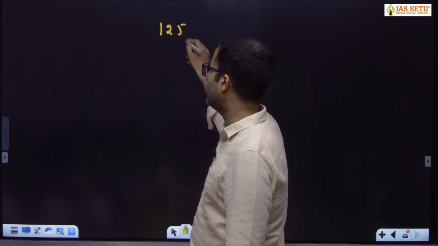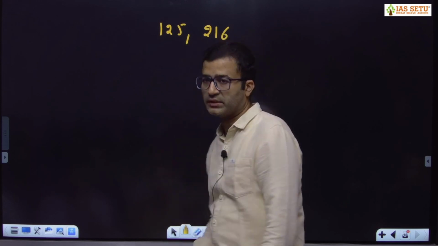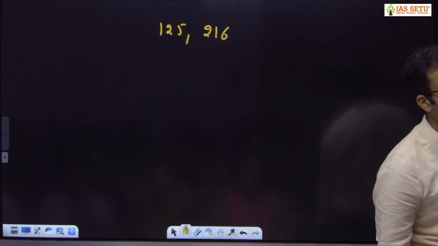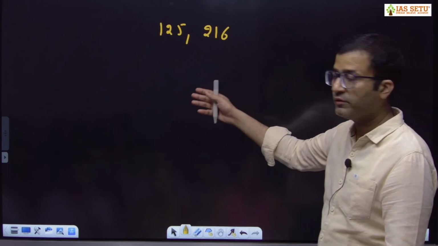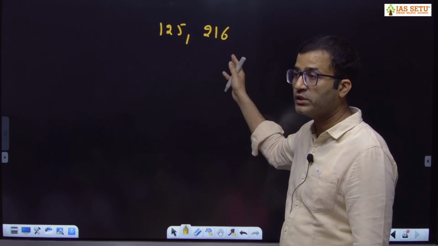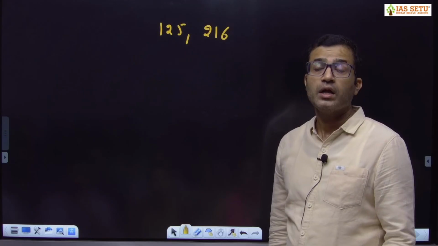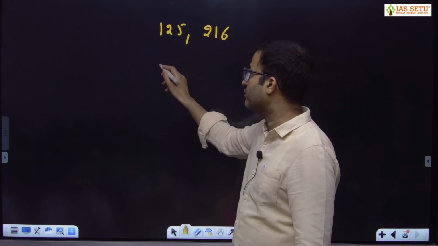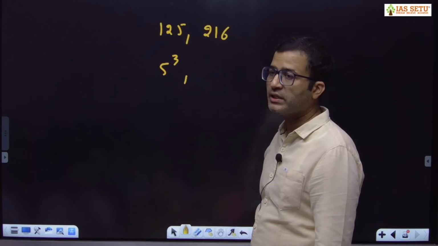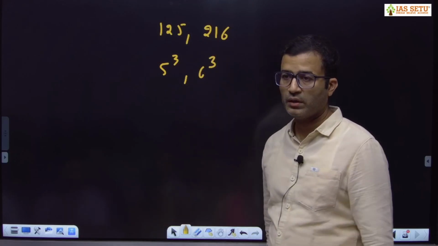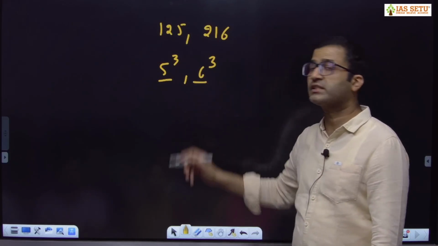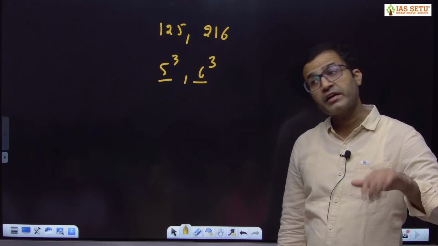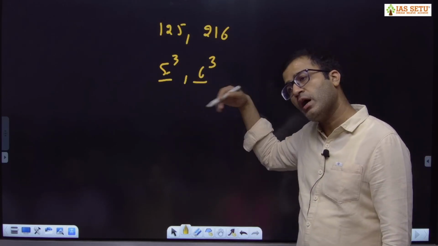Like if I ask you whether 125 and 216 are co-prime, yes or no? If you want to check, one method is you check the factors of 125 and 216, it will be time consuming. But here, can we say what is 125? 5 cube. What is 216? 6 cube. There is one observation which I will dictate, that if 5 and 6 are co-prime, then 5 cube and 6 cube are also co-prime.